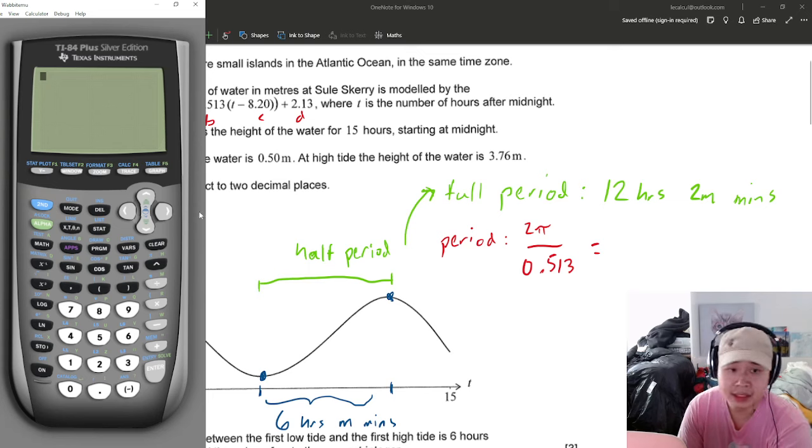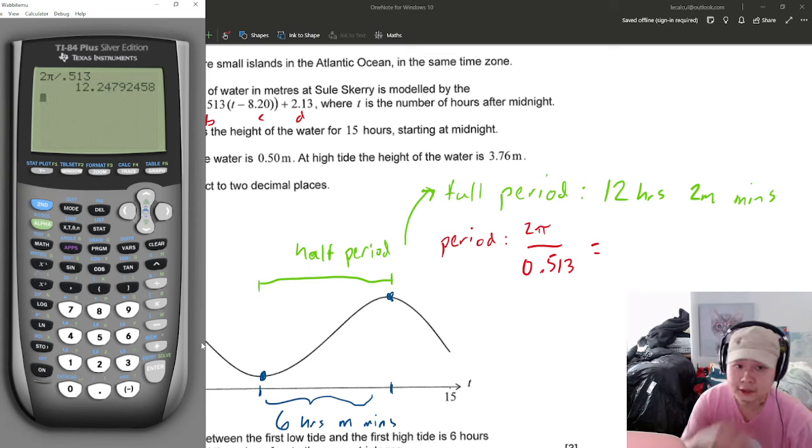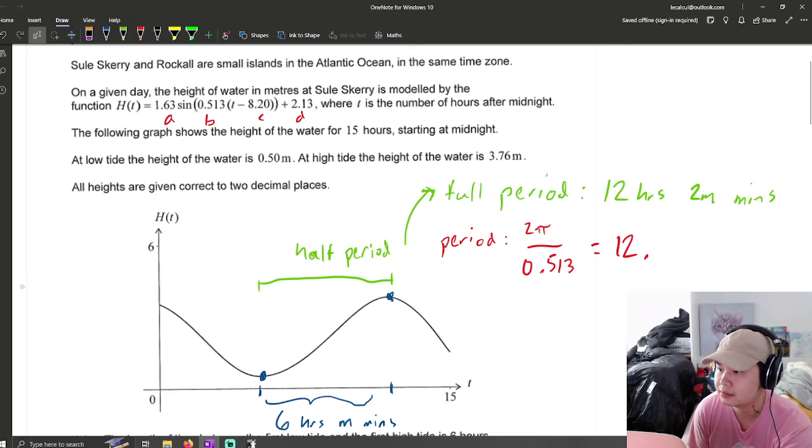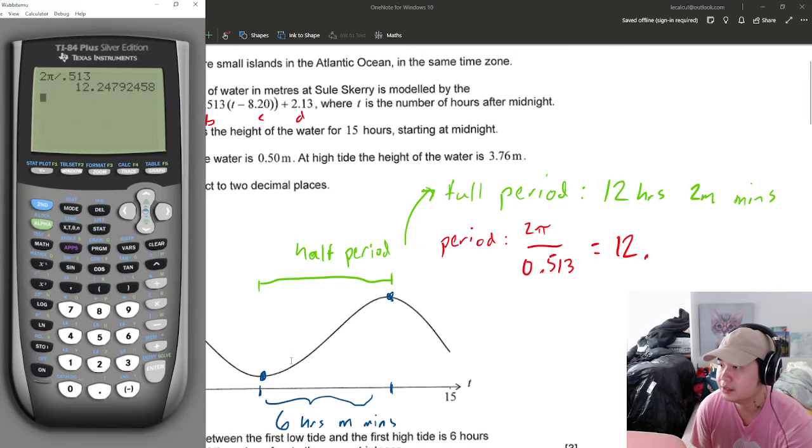Okay. So 2 pi divided by B. So we know that our period is 12.2479 hours.